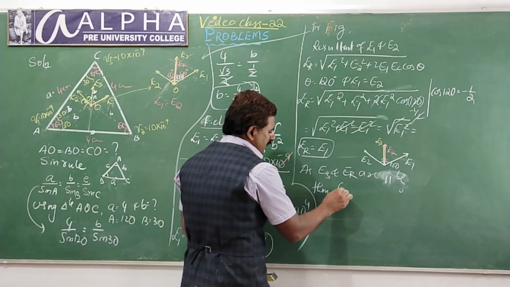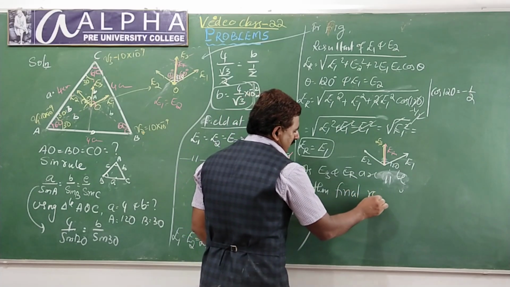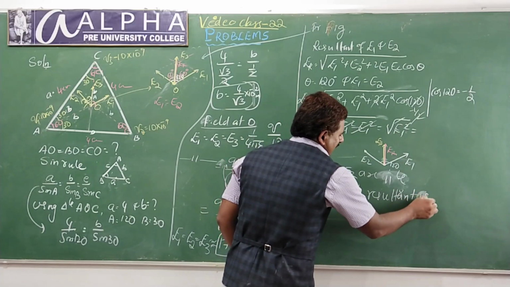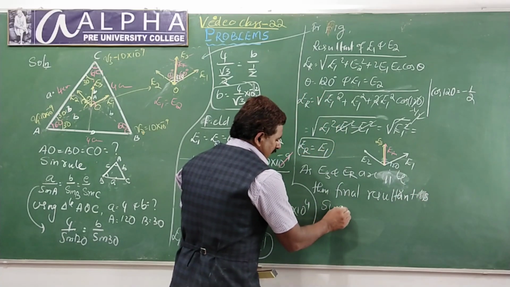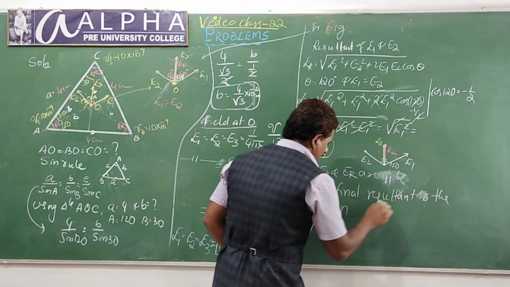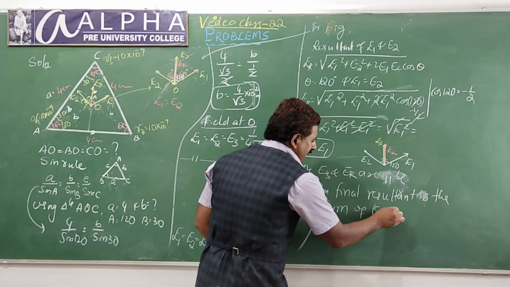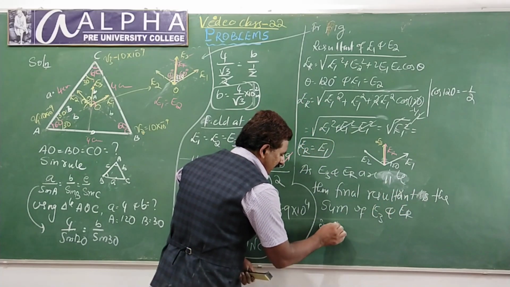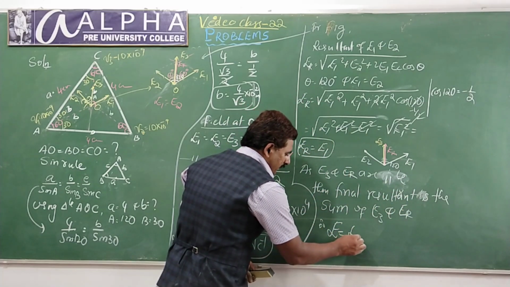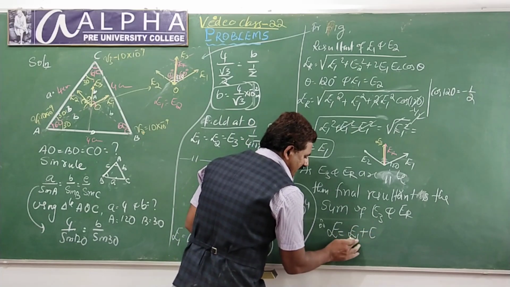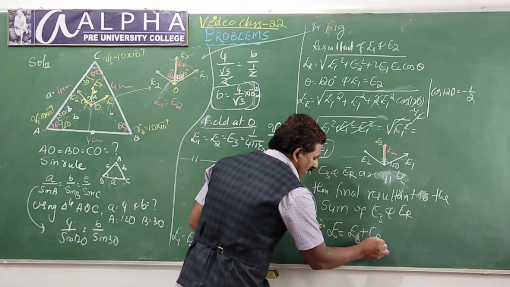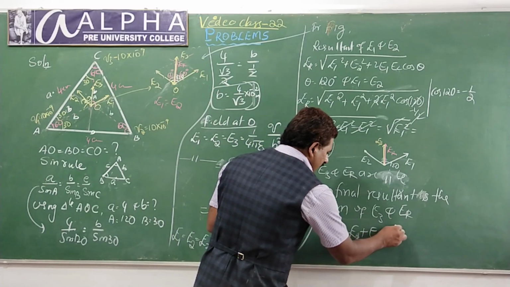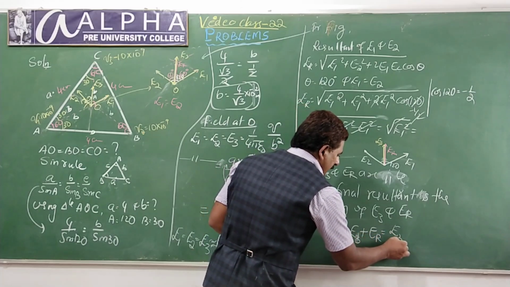Then the final resultant is the sum of E3 and ER. Very simple. Therefore, the final resultant is what? E1 plus E3 plus ER. What is E3? ER is also the same, E1. So E3 plus E1.